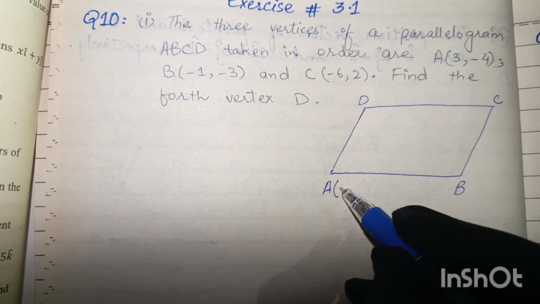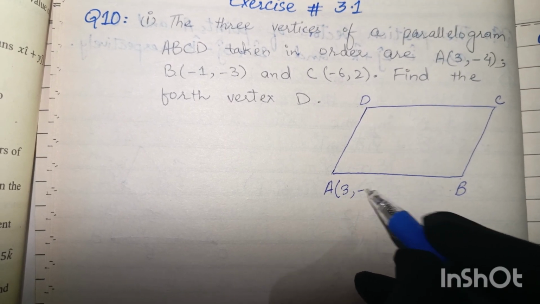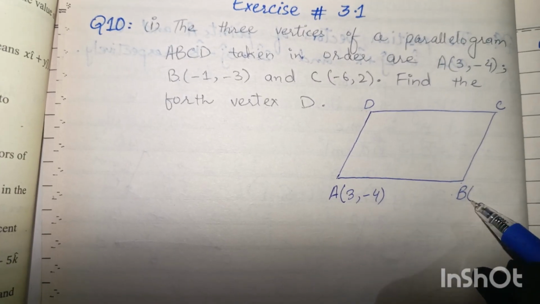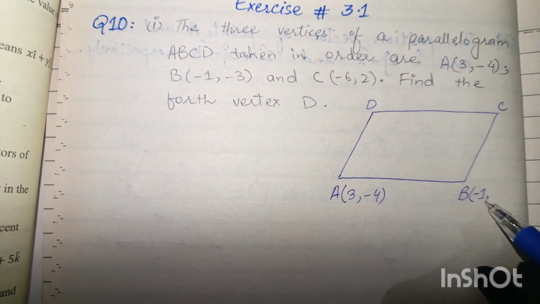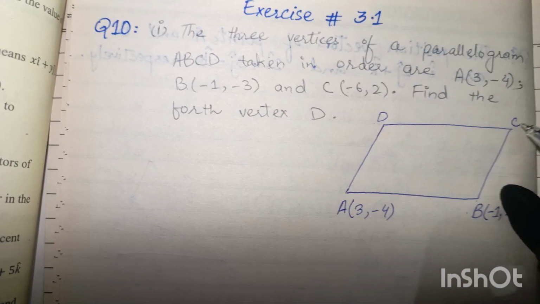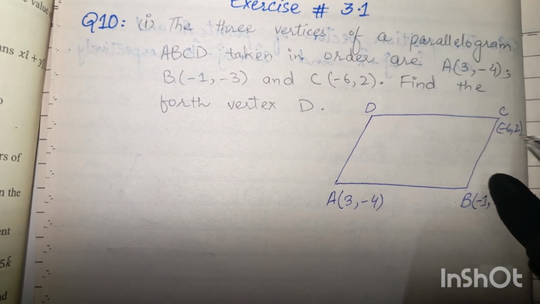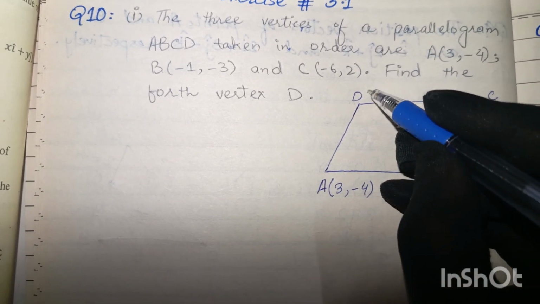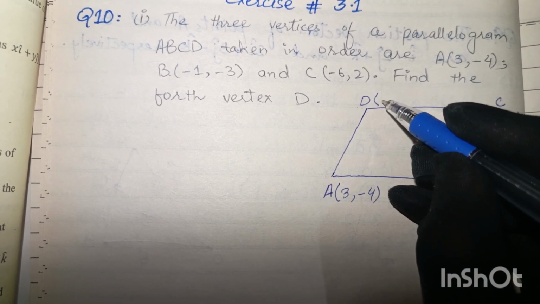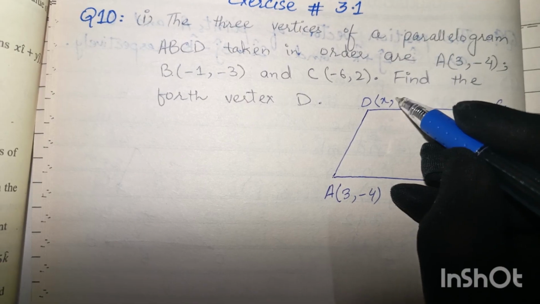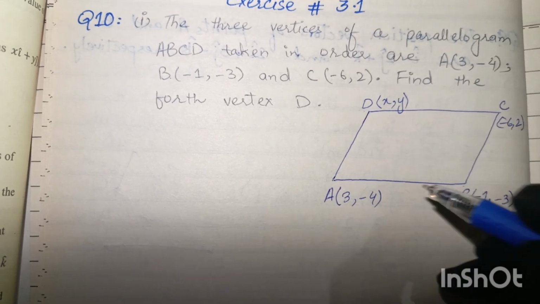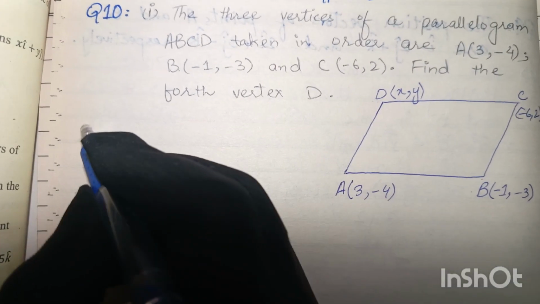So the coordinates of point A are (3, -4), B is (-1, -3), and C is (-6, 2), and you have to find the fourth vertex D. So let's consider its coordinates as x and y.